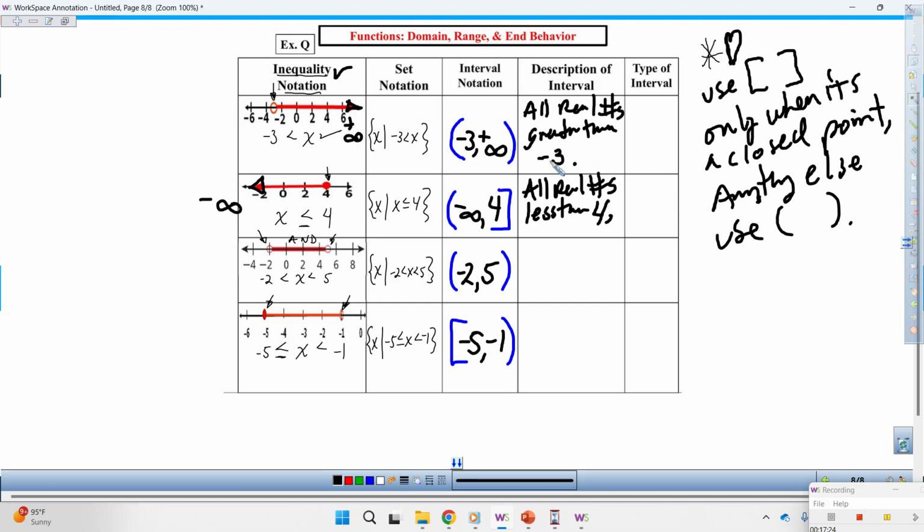Over here, all real numbers greater than negative 3. Why? Because it's an open point and it doesn't include negative 3. Here, all real numbers less than 4, comma, what? Including 4. Including 4. And it's because of this bracket.